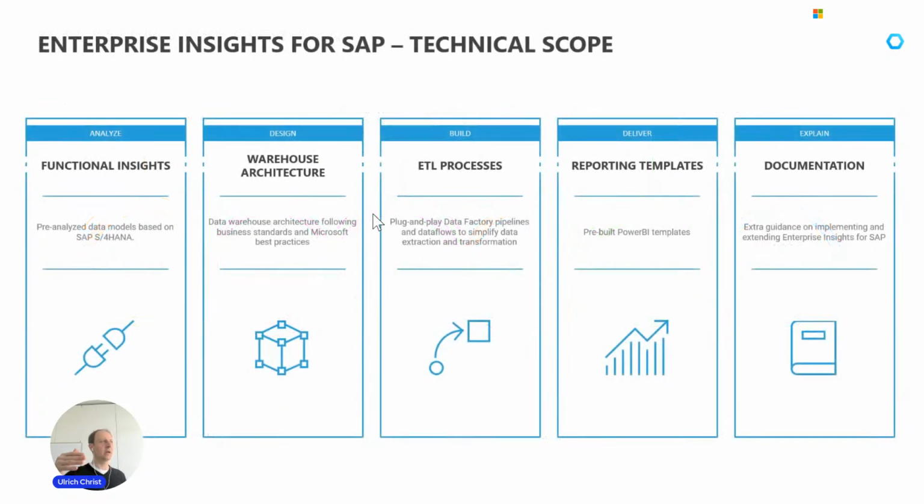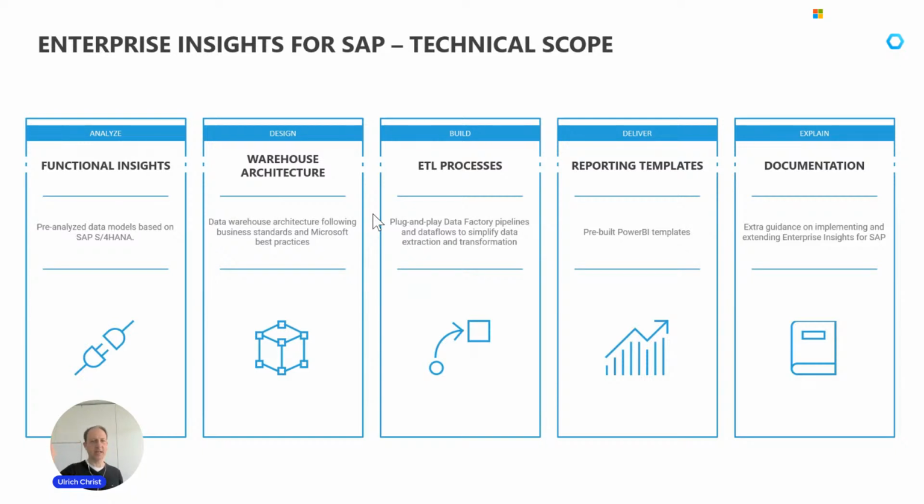That is why we have come up with Enterprise Insights, and Enterprise Insights really goes the whole way from the data integration over a full warehouse architecture with a bronze, silver, and gold layer. All the ETL processes that do the data integration and move the data across these layers. It handles all the complexity of SAP data.